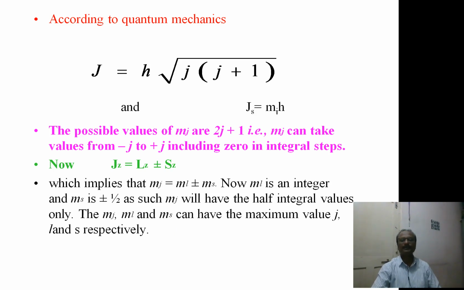Also, this angular momentum component can be given as the product of mj into h cross.